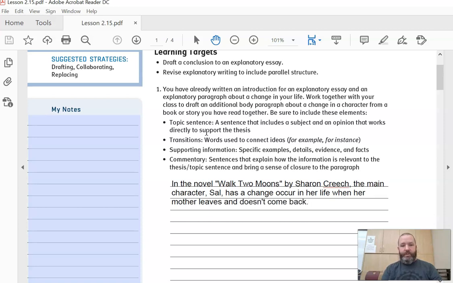Okay, so there's our topic sentence. The change is when Sal's mom leaves and doesn't come back. We don't need to say why she doesn't come back. That's not necessarily important in this paragraph.